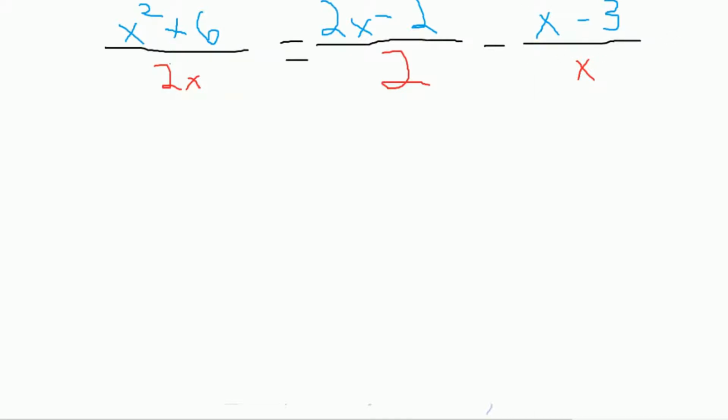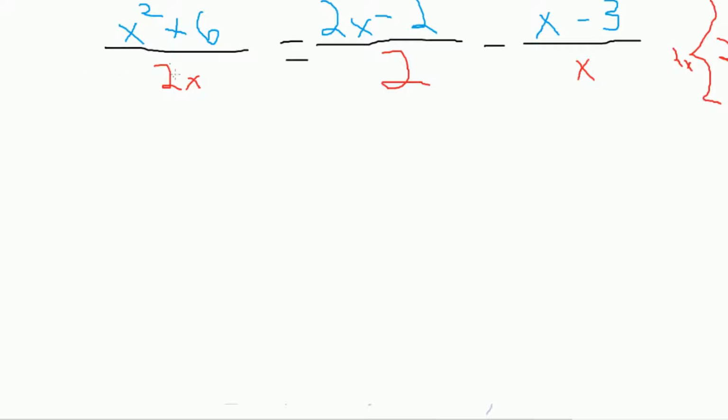So we need to find a common multiple of all these denominators. And what's that number? Well, it's pretty simple. x times 2 equals 2x, and 2x is already there. So we can safely cancel everything out with 2x.